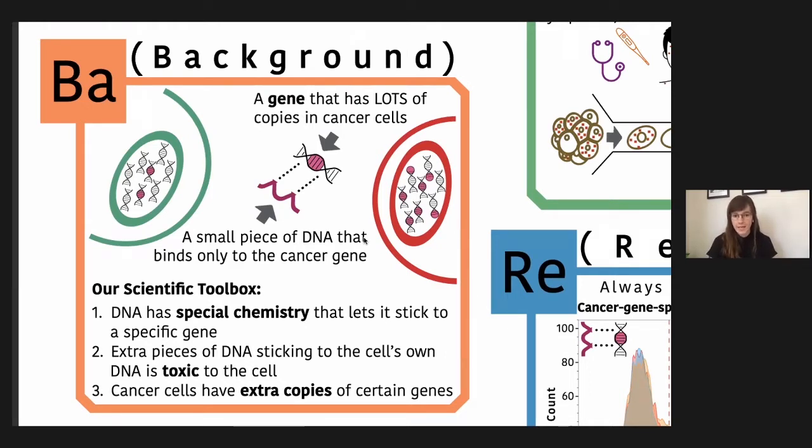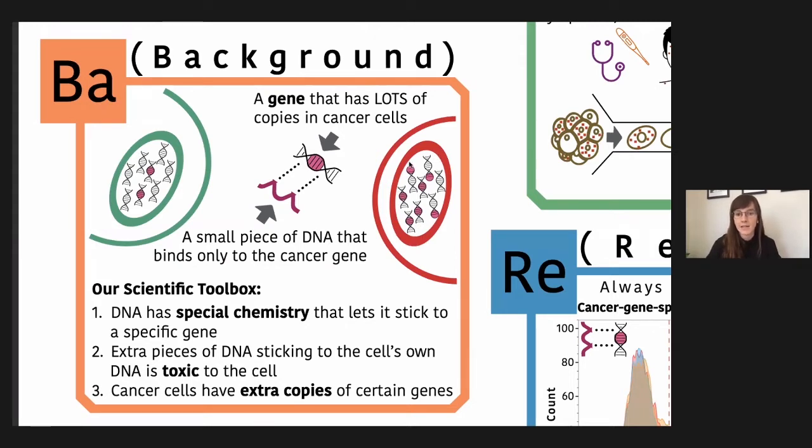As I said, cancer cells are pretty similar to other healthy cells in our body, but one difference that some cancer cells have is that they have a lot of extra copies of what's called a gene. You may have heard of genes in biology classes, but it's a piece of the cell's genetic material, the DNA inside the cell.